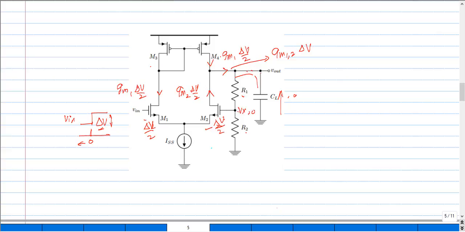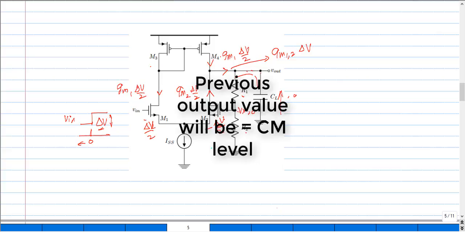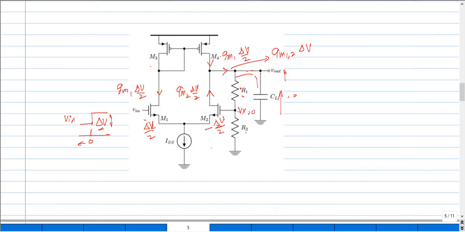It will keep on rising from the previous value, which was assumed to be 0. It keeps rising up, and when this node rises up, obviously the node Vx will also try to rise up, correct? And in a way that it creates an action opposite to the input that is being applied here, and that is why it is called negative feedback.